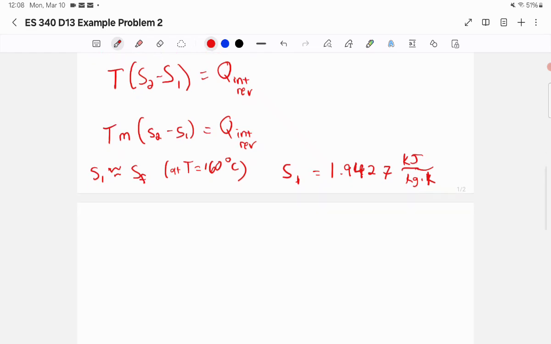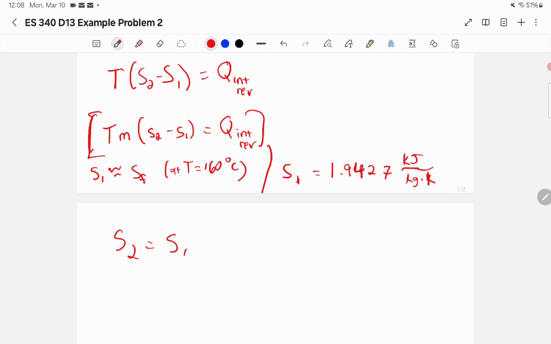And so then we can obviously solve, if we wish, for S2. I'm going to solve this equation up here for S2.